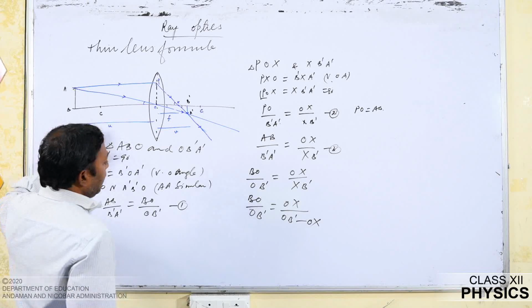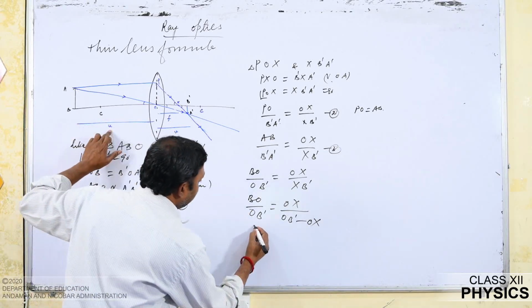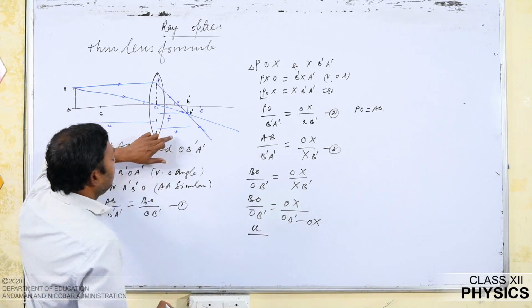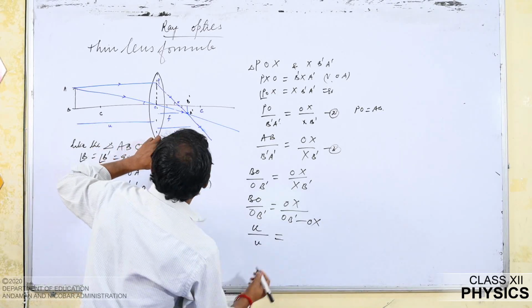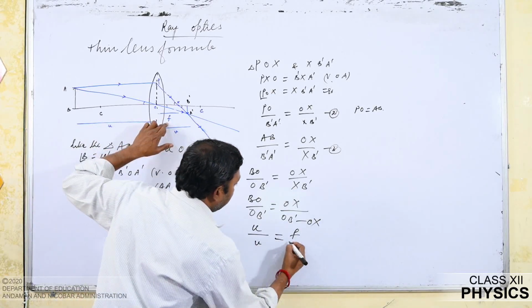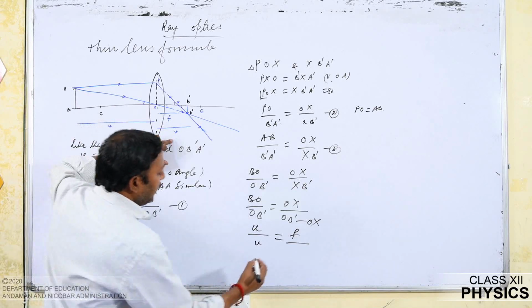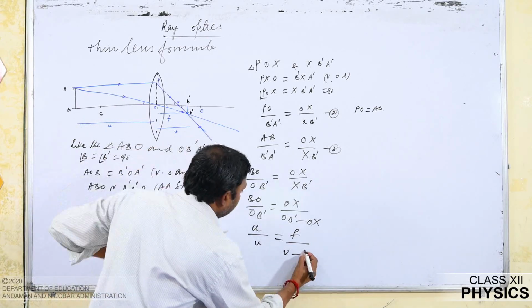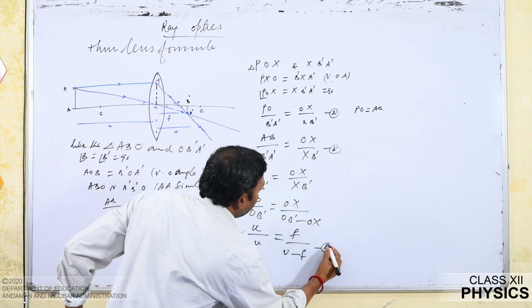Now from the figure, BO is U, divided by OB' which is V, and then OX is F divided by V minus OX, which is again F. Let this be equation 4.